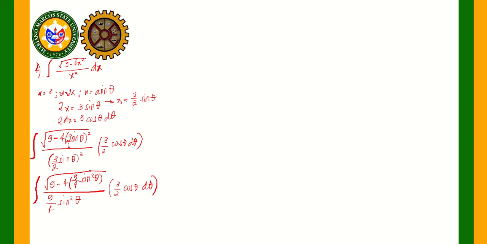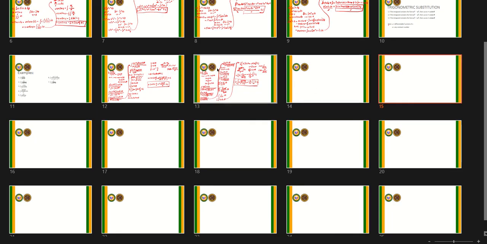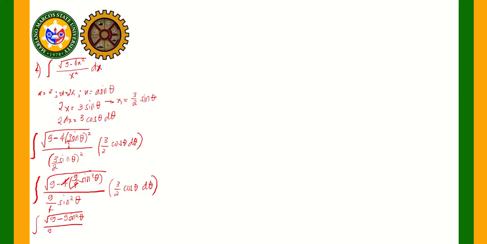So from there, let's simplify again. So this will cancel, and then we are left with the square root of 9 minus 9 sine squared theta all over 9 over 4 sine squared theta multiplied by 3 over 2 cosine theta d theta.